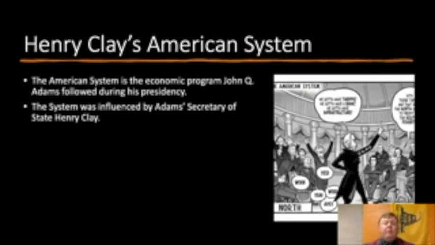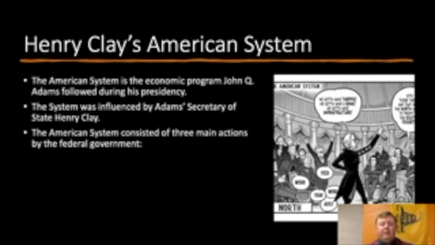The American System was influenced by Adams' Secretary of State, Henry Clay. Clay used his power as Secretary of State to push through this American System. The American System consisted of three main actions by the federal government. First, it led to the creation of a national bank to simplify trade. This is the Second Bank of the United States.